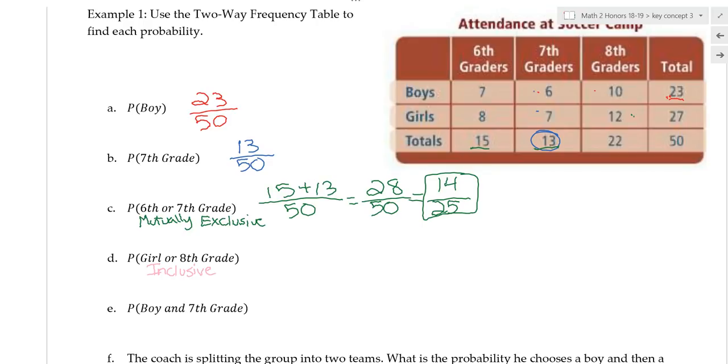So I need to do the probability of being a girl, which is 27 out of 50, plus being in 8th grade, which is 22 out of 50, and then subtract your and, the 12. 27 plus 22 is 49, minus 12 is 37 out of 50.